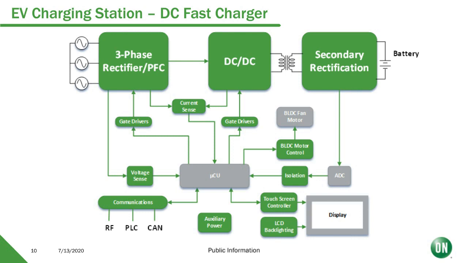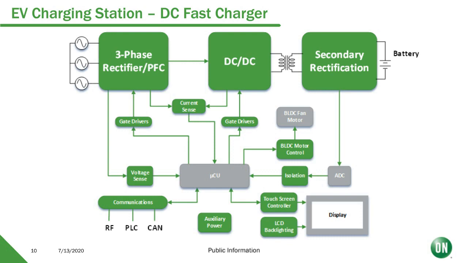Normally, we see this as a full bridge or a full bridge interleaved LLC type of topology, and then that will go into a secondary rectification, which will ultimately charge the batteries of the EV car. Again, for the secondary rectification, low-cost solutions may just use a silicon diode, migrating to silicon carbide diodes, but ultimately, for the most efficient solution, that will be a silicon carbide synchronous rectification on the output.